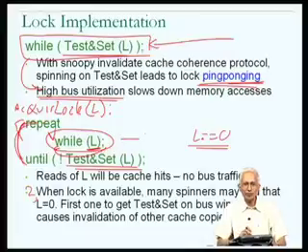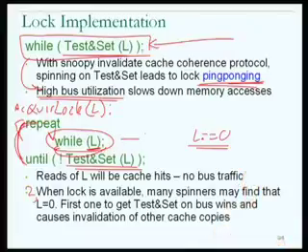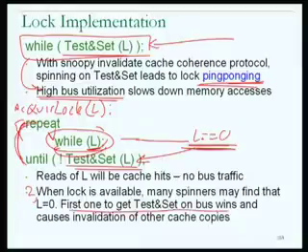Of course, there is a minor problem with this implementation in that, as I pointed out, it could be the case that more than one of the processes may notice that the lock has become equal to 0 because they may just execute the check of L at a point in time soon after the point in time at which L has become equal to 0. So for example, it could be that 10 processes all notice that L has become equal to 0 and that all of them try to test and set L. But of course only one of them will successfully test and set L, which is why I say the first one of them to get test and set on the bus wins and will cause invalidation of the other cache copies.